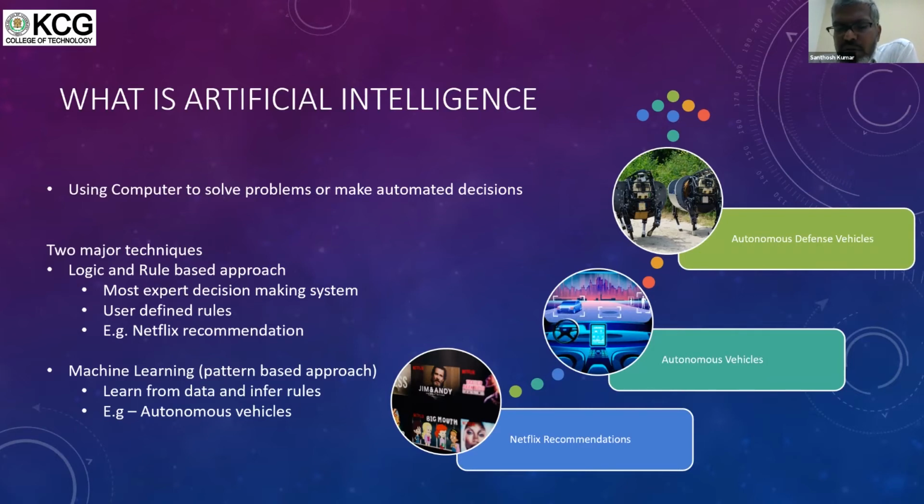For example, autonomous vehicles, the driverless cars, where tons and tons of data have been collected based on traffic data and our driving behaviors. Based on that data, the different sensors and mechanical elements interact with the environment, and the computer or algorithm makes decisions and triggers the associated actions.